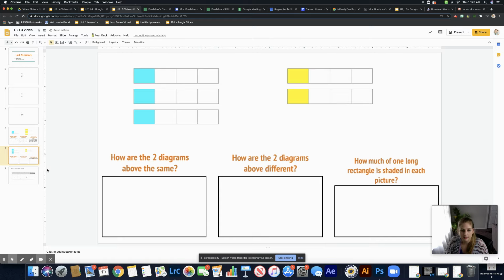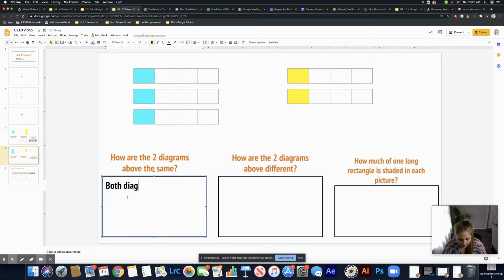All right, so let's look at this one. Pause your video now and see if you can answer these questions. All right, how are they alike? Both diagrams have, let's see, 1, 2, 3, 4.